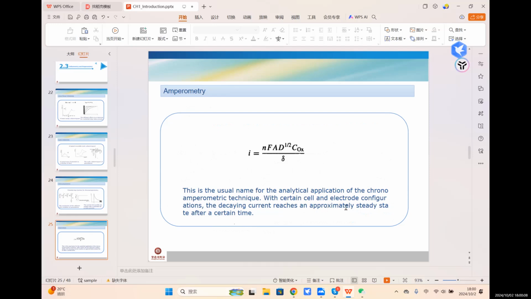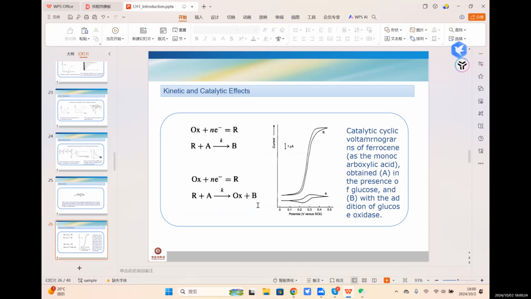So with the certain cell and each electrode combination, the decay in current reaches an approximately steady state after a certain time. So these are some equations about kinetic and catalytic effects.